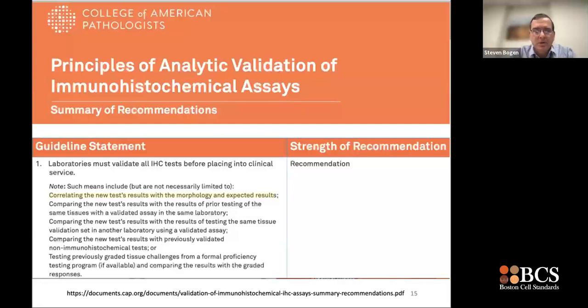The accreditation requirements from the College of American Pathologists, or CAP, describes it here as recommendation number 1. Highlighted in yellow, it explains that new test results are to be correlated with expected results. The remainder of the text explains how you might determine expected results. For example, the expected result may be based on the result in a previous assay in your lab or the result at another lab.